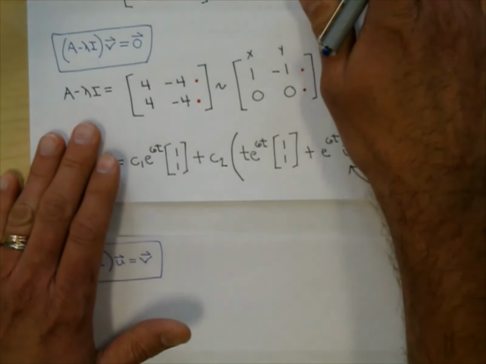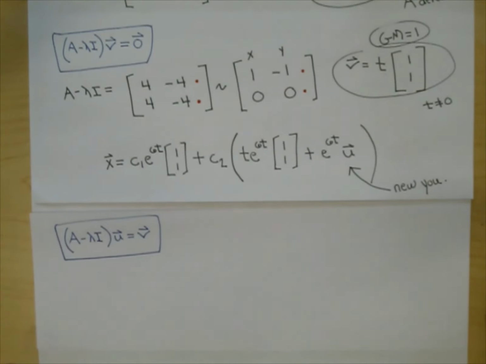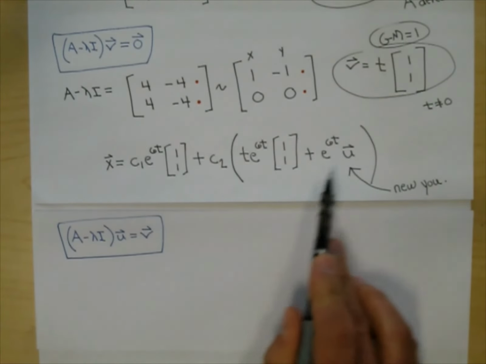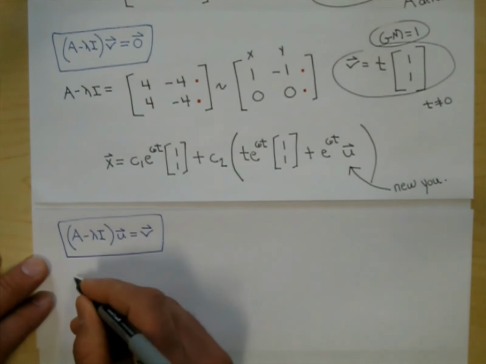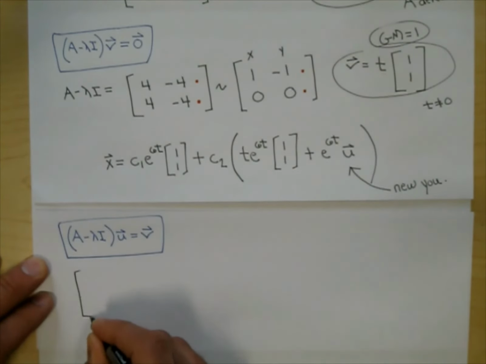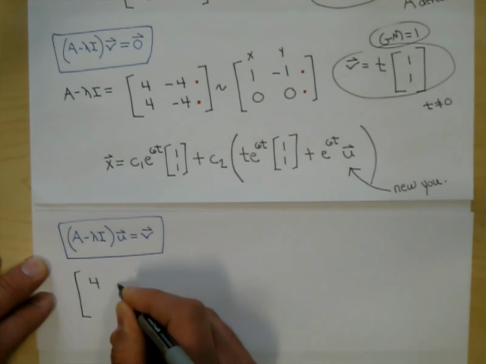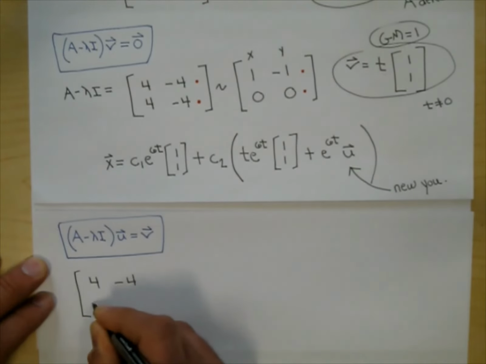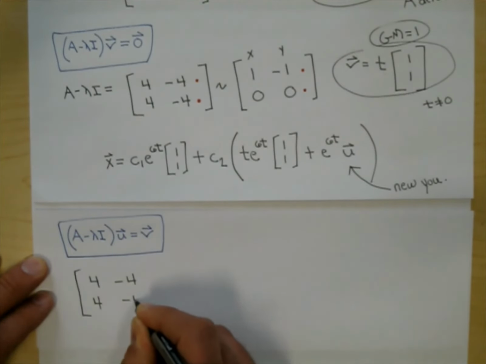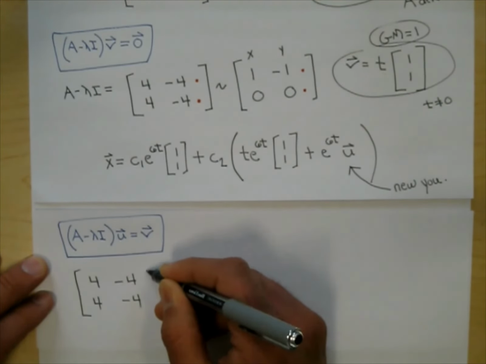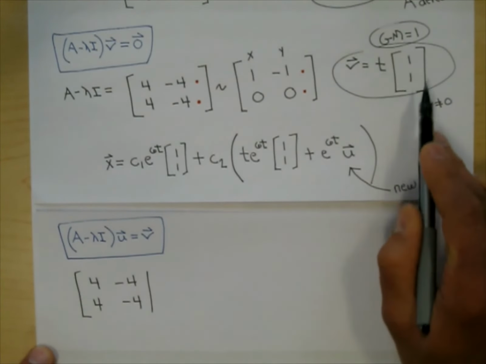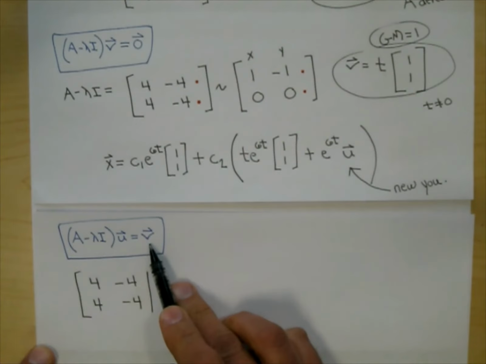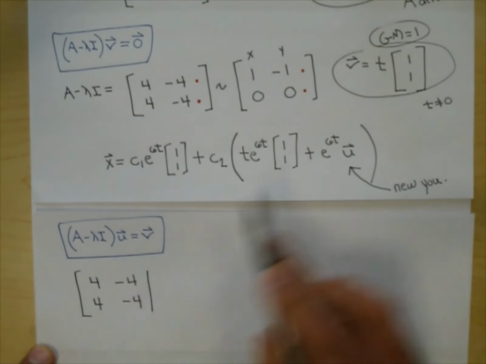So A minus lambda I is 4, negative 4, 4, negative 4. And instead of putting 0, 0 there, I'm going to put in vector v, which is 1, 1.